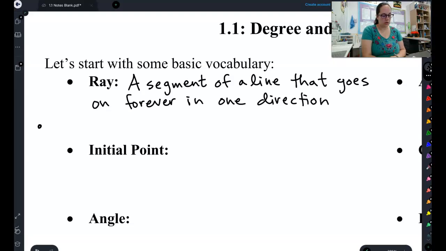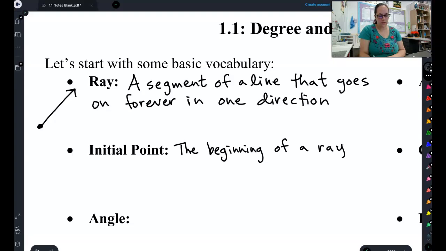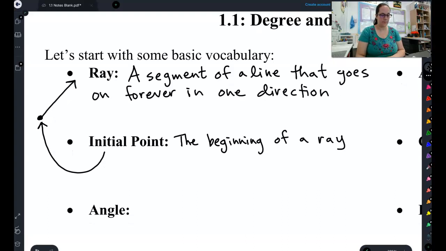So it starts at a point and then goes on forever in a direction. That's what a ray is. The initial point is the beginning of that ray. So that little guy right there.